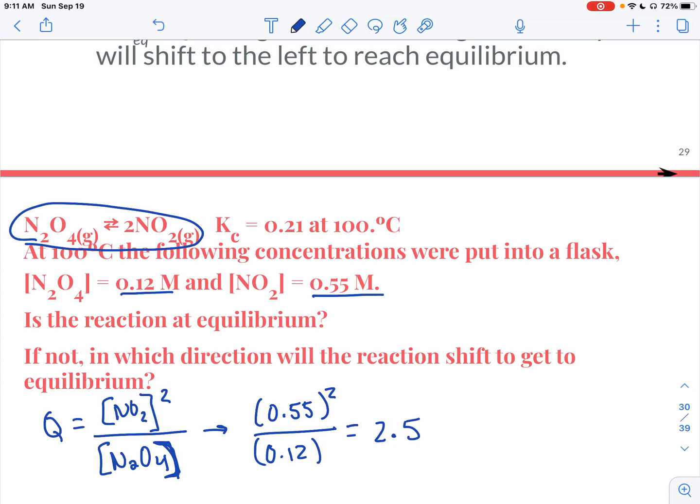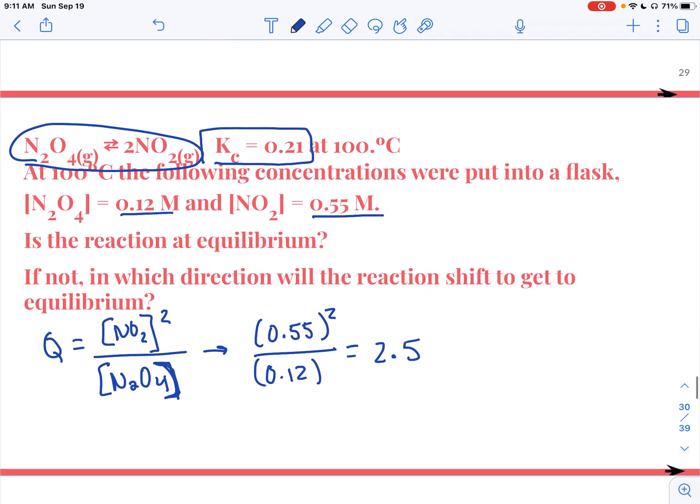So you can see here, Q is equal to 2.5 and K is equal to 0.21. So it is not at equilibrium. They would have to be equal if it was at equilibrium.